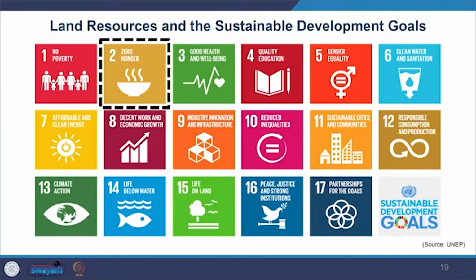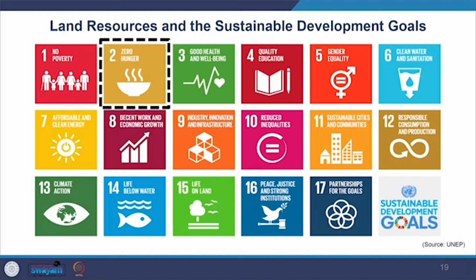We see land is closely connected with Sustainable Development Goals. So we did talk about it. So we see that it's very much connected with Sustainable Development Goal 2, where we intend to end hunger, achieve food security, and improve nutrition and promote sustainable agriculture.